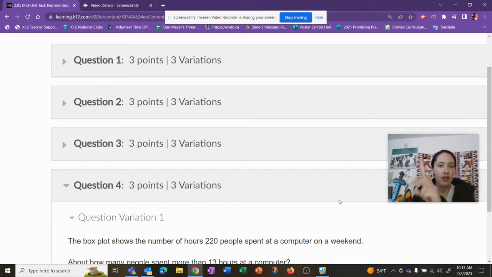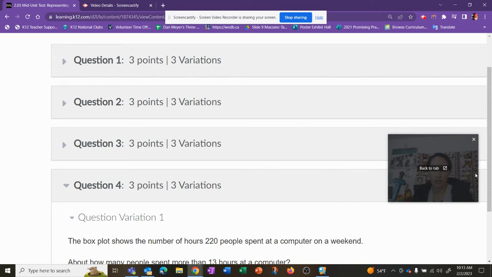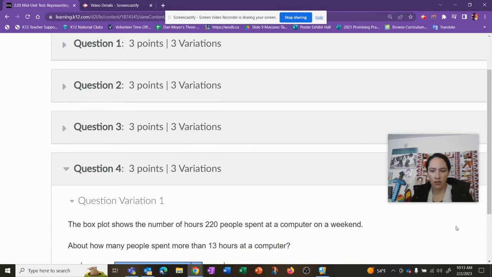From the median to quartile 3, the end of our box, that's a fourth. And then from Q3 to our upper whisker, the max, that's a fourth of our data. So it's a visual representation, and it chunks our data so we can see where the majority of it is. So let's scroll down.